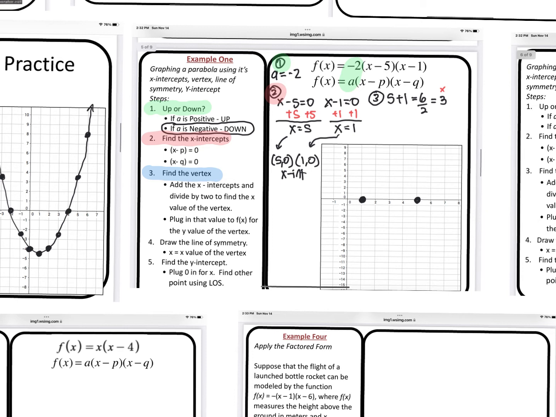So what we need to do then is plug it back into the original up here to get the y value. So I go -2, and I've got 3 minus 5, and you can use your calculator for this too. Plugging that in like that over there, and now we basically do the arithmetic.